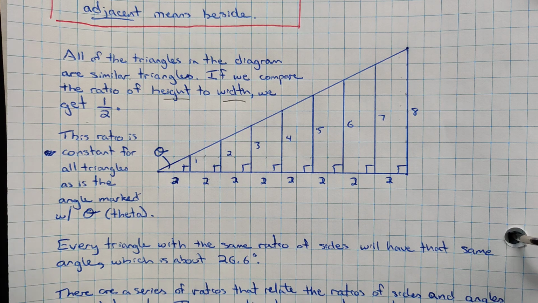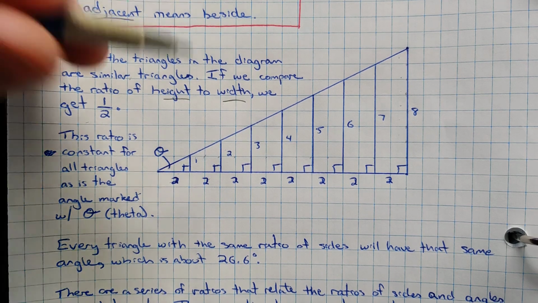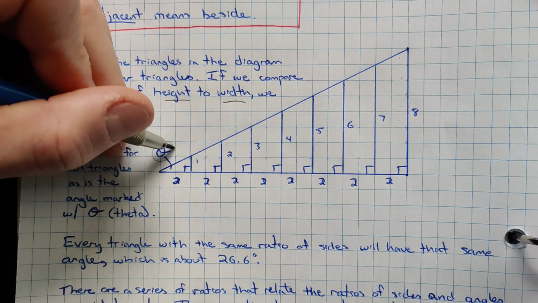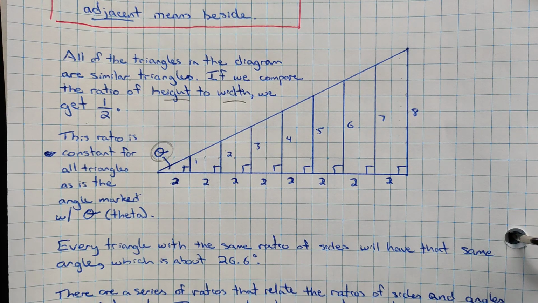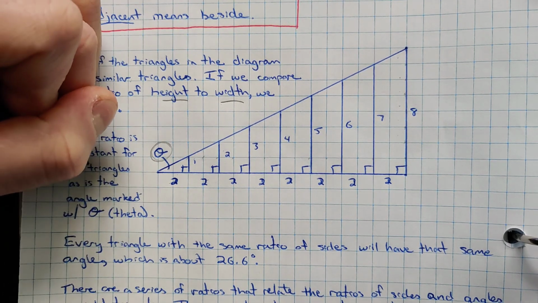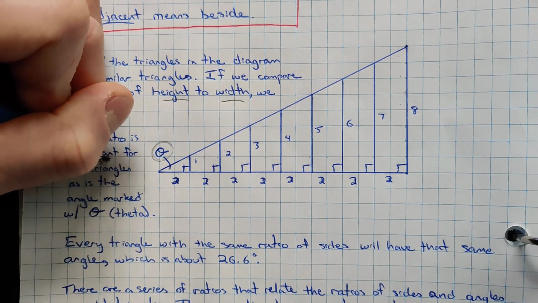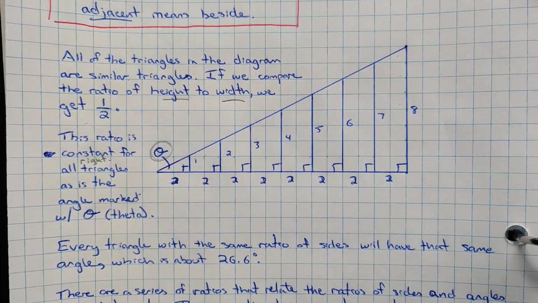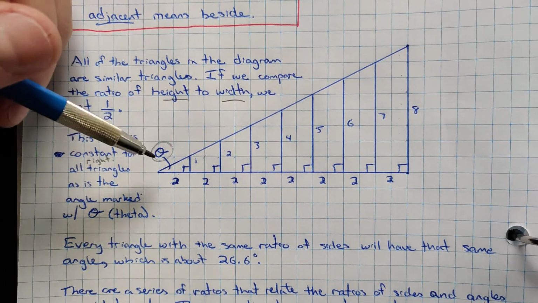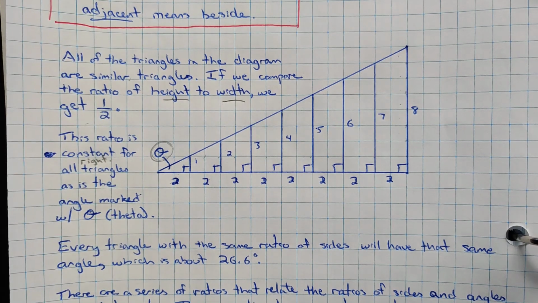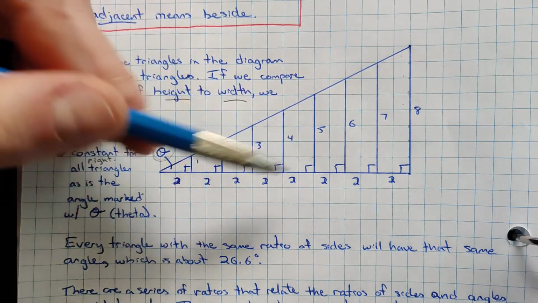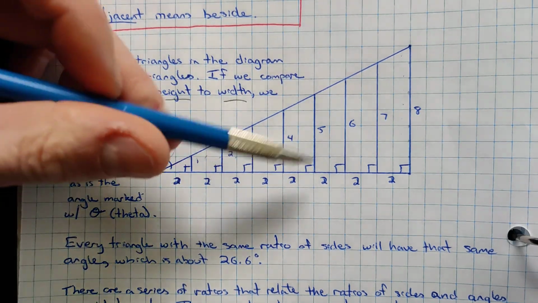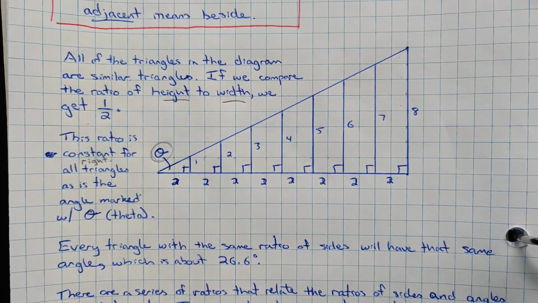And any triangle that we make that uses this angle, any right triangle, I should say, this is only going to work for right triangles, so for all right triangles with this angle, the height and width of those sides will be in the same ratio. Notice not the hypotenuse, but the height and width sides there.